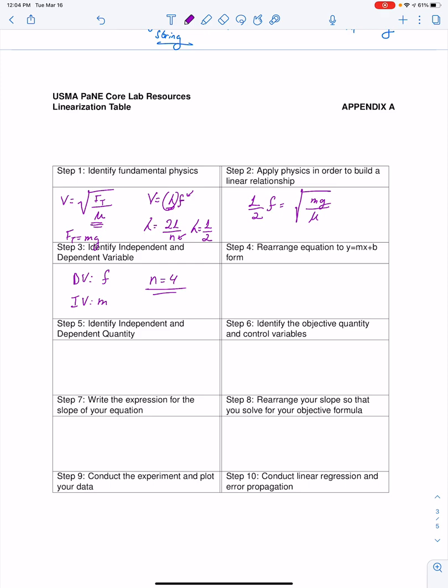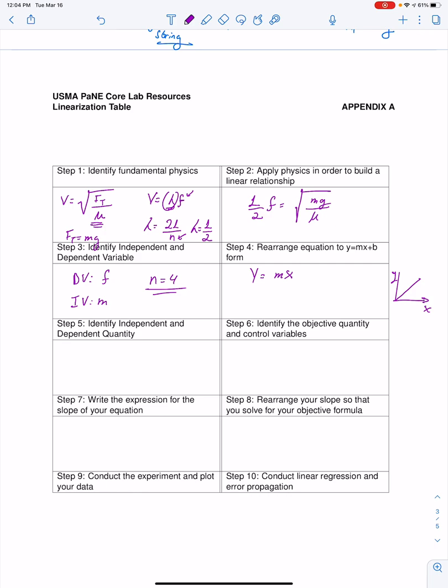Now we have to change it into a linear equation. So we have to convert it into something to this effect: y equals the slope times x. So we're looking at it in such a manner where it's x, y, and then we create a linear equation. Okay?